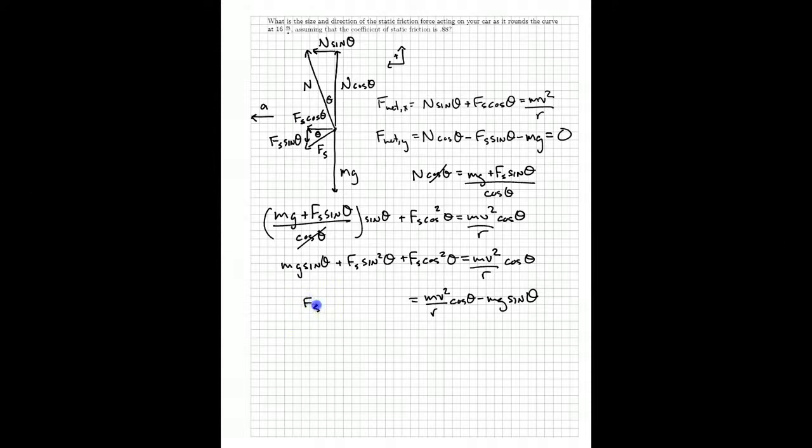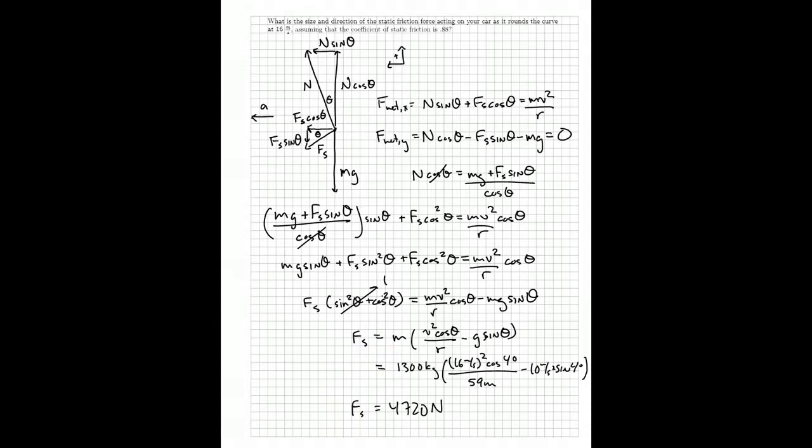And on this side, I have F sub s times sine squared theta plus cosine squared theta, which simplifies nicely to 1. So F sub s equals, factoring out an m, m times v squared cosine theta over r minus g sine theta. And I can put in numbers at this point. And we get 4,720 newtons.